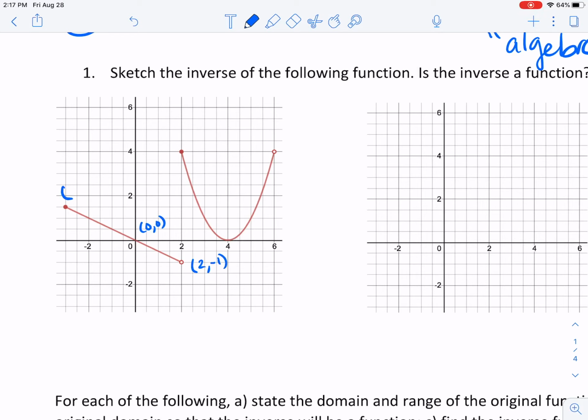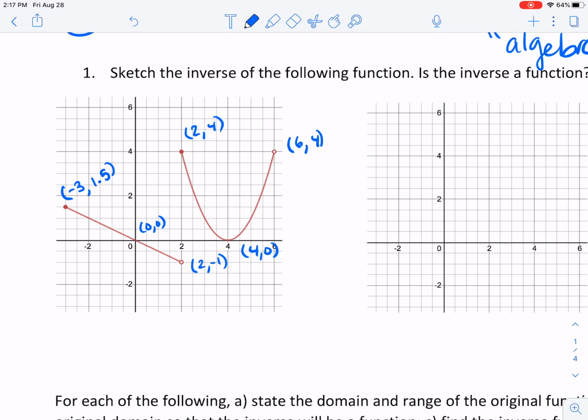This is the point -3, 1.5. That seems to go by 0.5, yes, okay. And then I see that I have the point 2, 4. And down here I have the point 4, 0, and over here I have the point 6, 4.